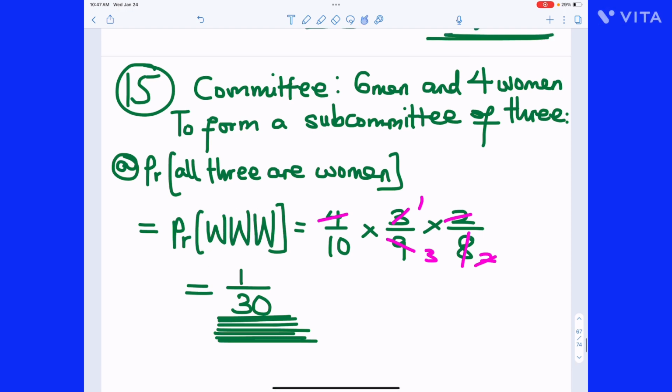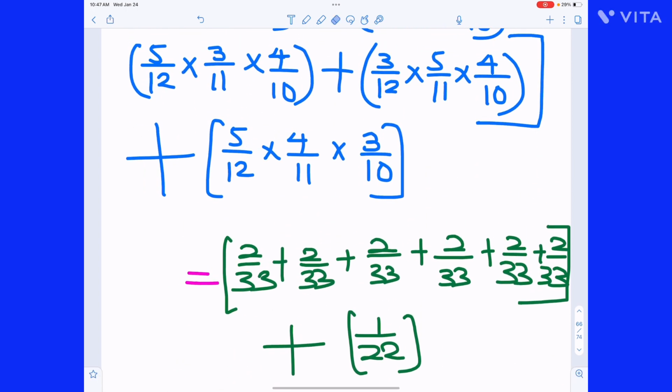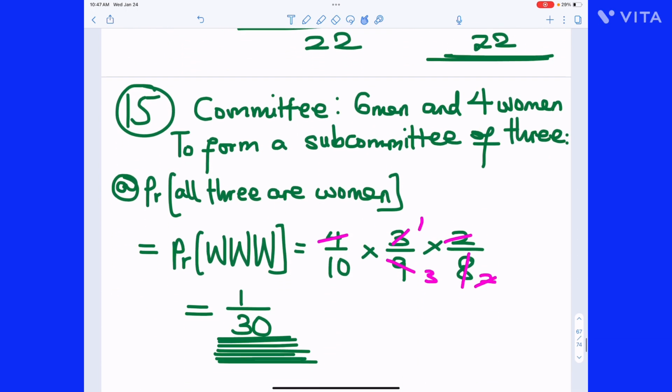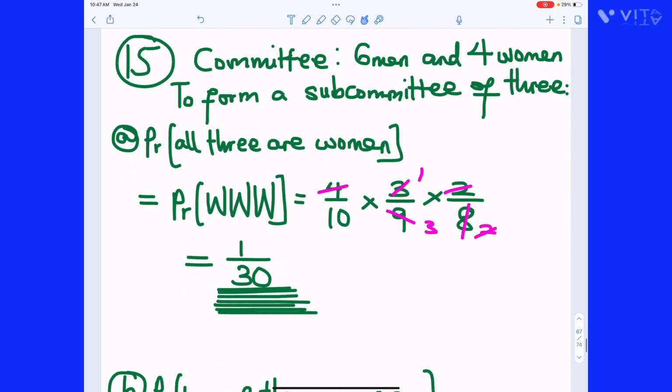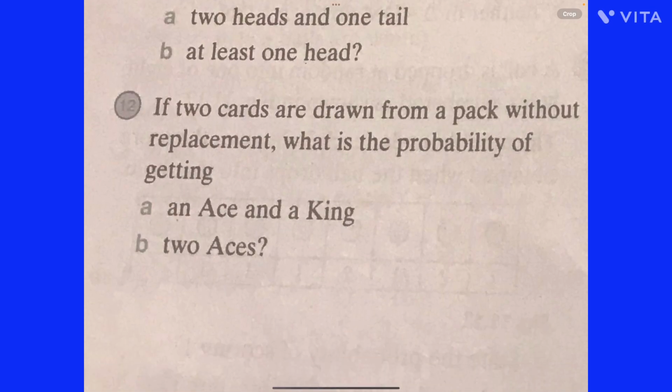So in how many ways can that happen? Woman. That's 4/10 times 3/9 times 2/8. Don't forget, without replacement. The instruction is in the question that the selection is done without replacement.